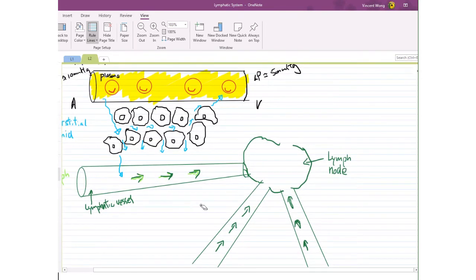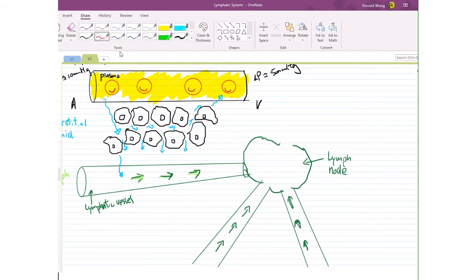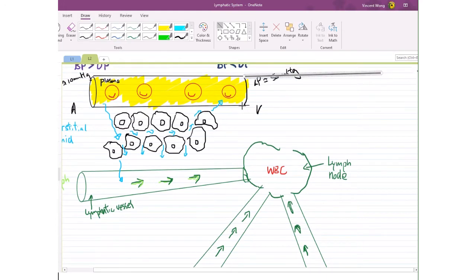So all these lymphatic vessels will be carrying the lymph, and then the lymph will be passing through the lymph nodes. Within the lymph nodes, you are going to have various types of white blood cells. And then the white blood cells are going to basically check the contents of the lymph, and if there's nothing foreign in it, if there's no bacteria or anything in it, what happens is, let me just extend the blood vessel here.